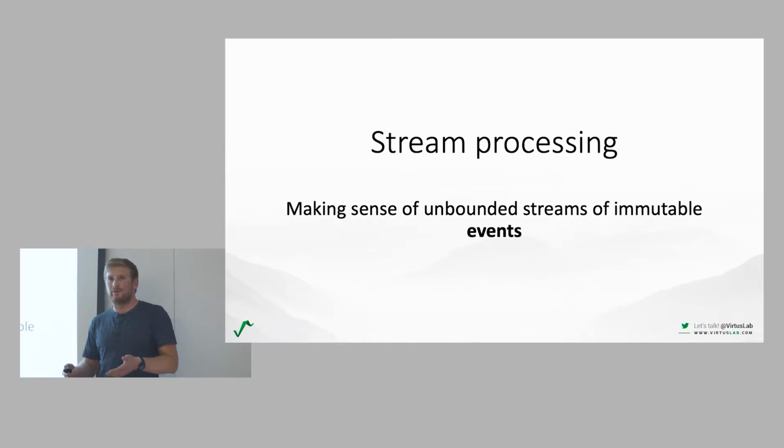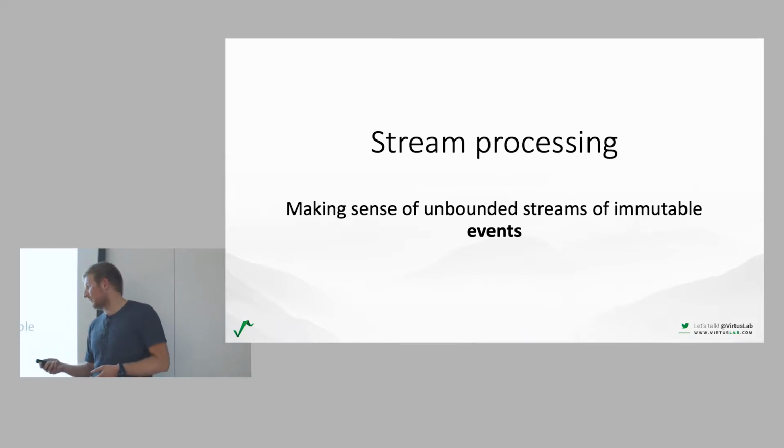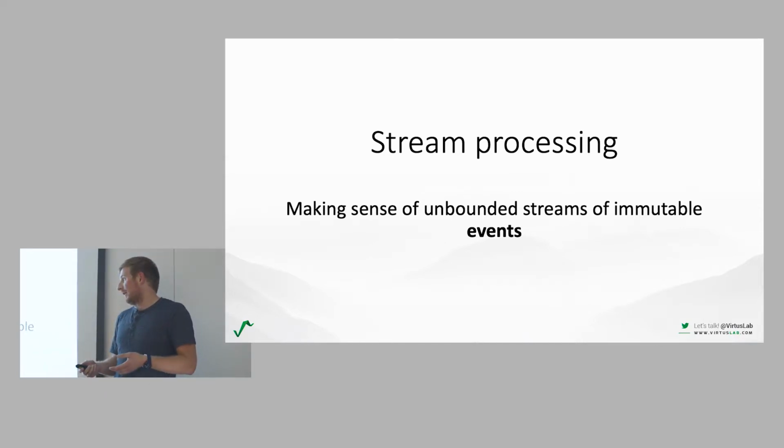The point when they can finish is when you close the business. So this is an unbounded stream. And immutable, because events are all about the past, and unfortunately, the past cannot be changed. We have no time machine, so what happened is stored as an event, but this never changes.